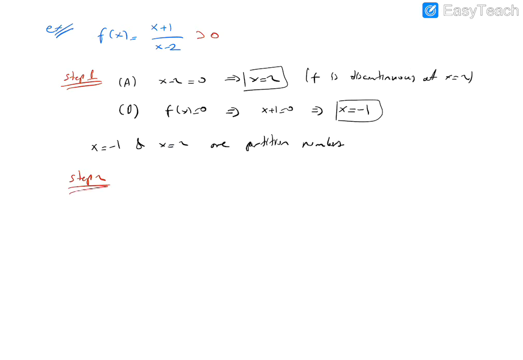So this is the real line. These are our intervals: minus infinity to minus 1, minus 1 to 2, 2 to infinity. f of x at the point minus 1 is 0, so we do not include this one.